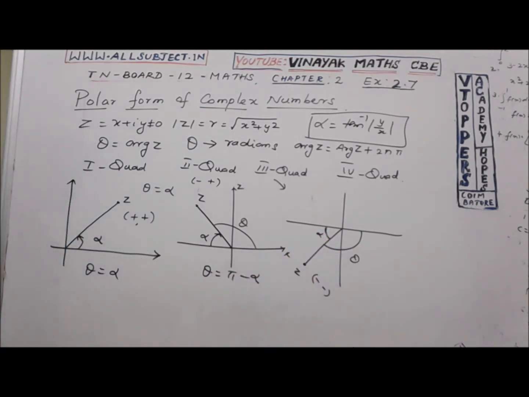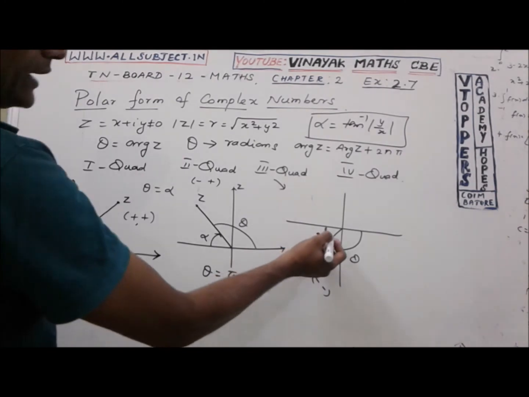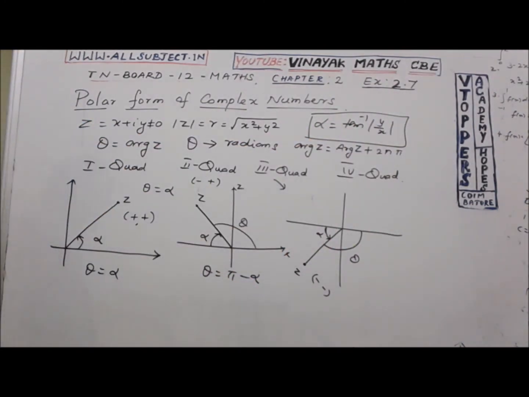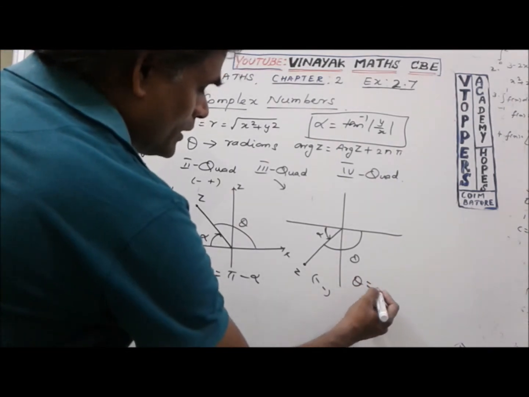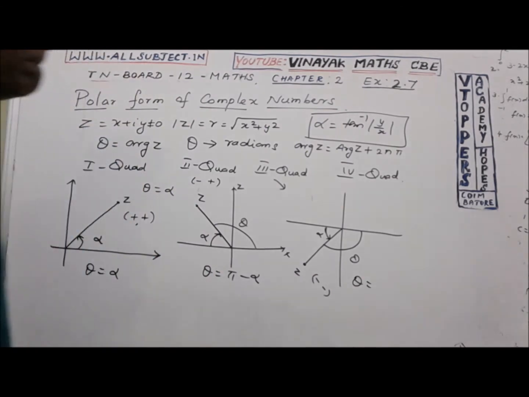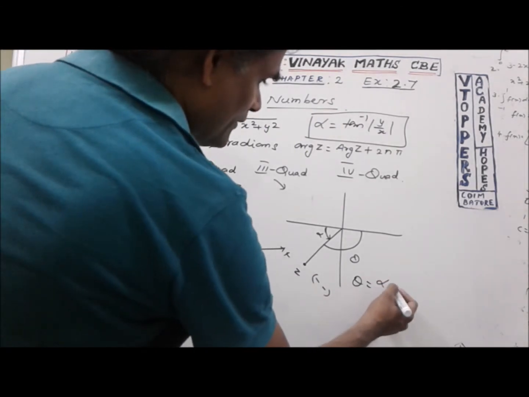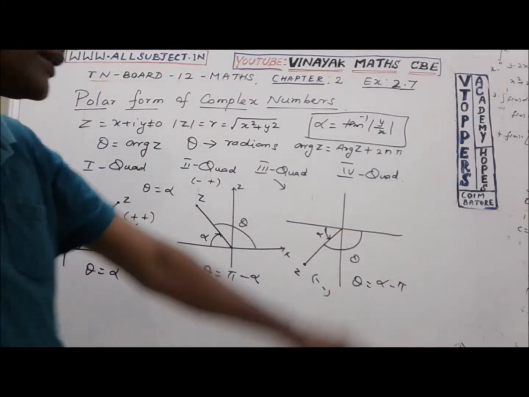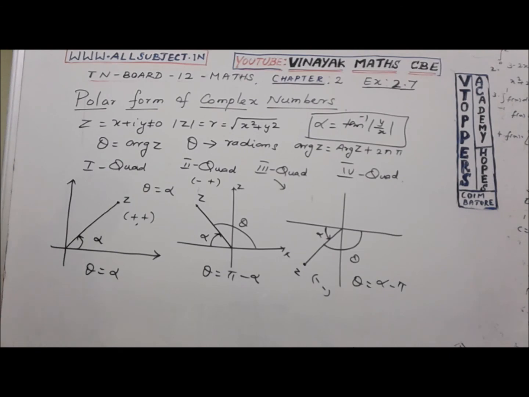We can calculate this alpha by the formula tan inverse of modulus of y by x, and then theta will be equal to alpha minus pi, because the angle here is negative. So theta equals alpha minus pi.